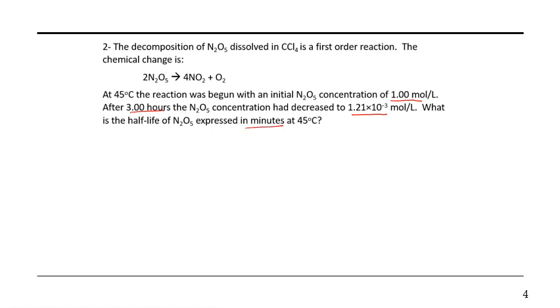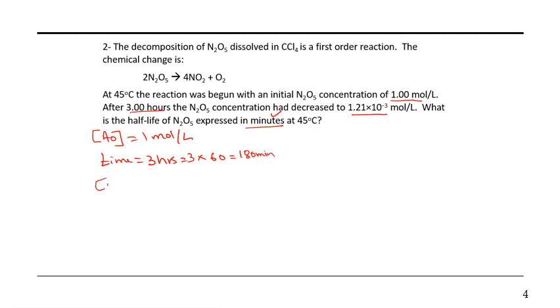So this is important. What we have here is concentration A0 equal to 1 mole per liter, and time is given as 3 hours. Since they need the answer in minutes, 3 hours should be converted into minutes, so that will be 180 minutes.